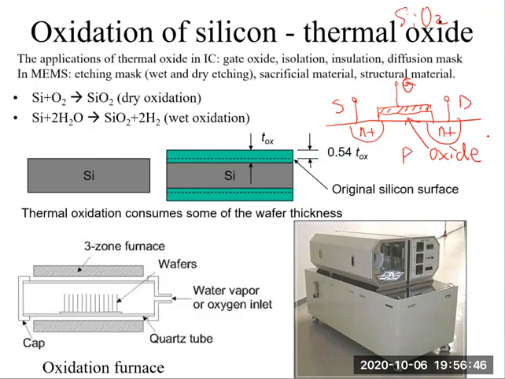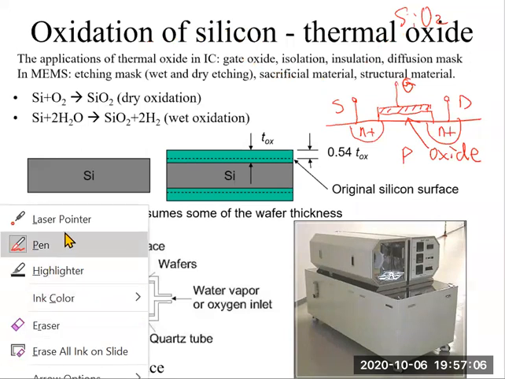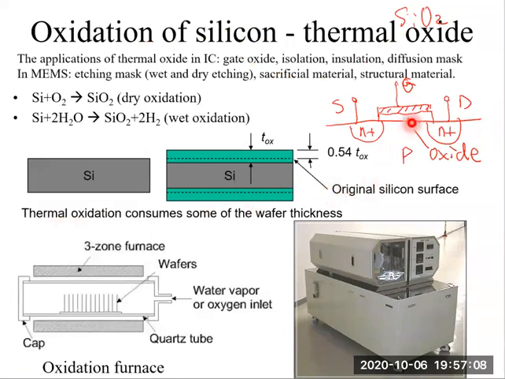So we call this a MOS structure, metal oxide semiconductor. And this oxide layer is typically made using thermal oxidation of silicon. I said this is probably the most important application of thermal oxide in IC, and this is a very critical component of MOSFET.